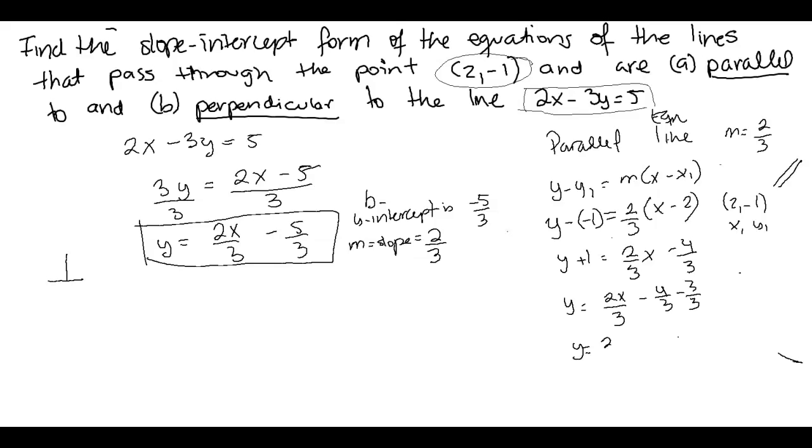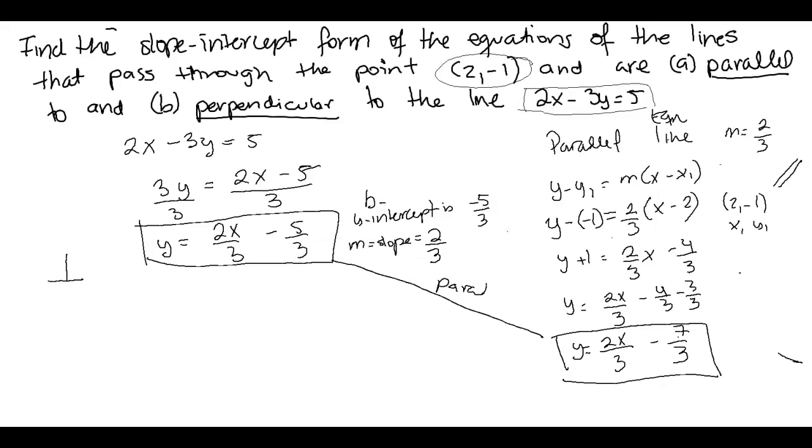So y equals 2x over 3 minus 7 over 3. This is a line that passes through the point (2, -1) and has the slope 2/3, which means that these two lines right here are parallel.